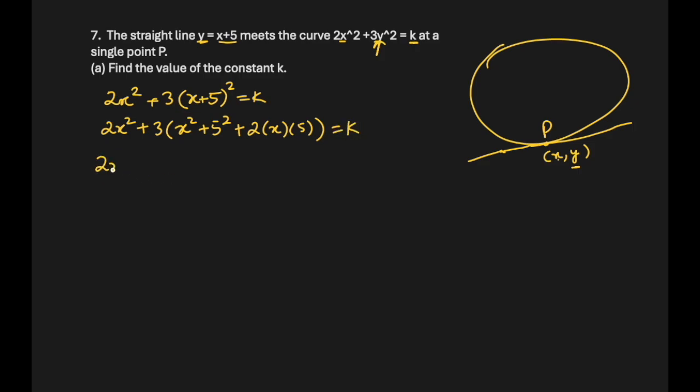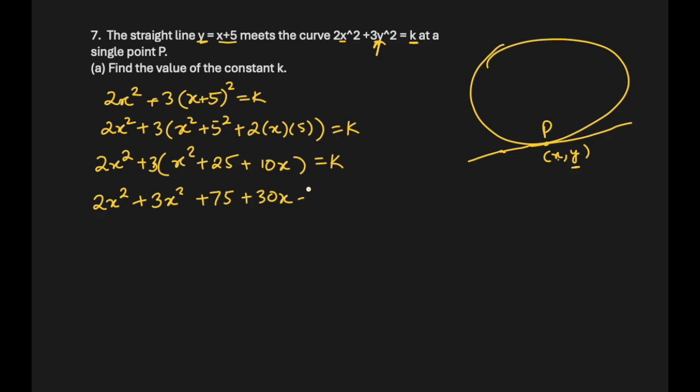So 2x square plus 3 x square plus 25 plus 10x equal to k. Let's open this and bring k to the left side: 2x square plus 3x square plus 75, 3 times 25 is 75, plus 30x minus k equal to 0.